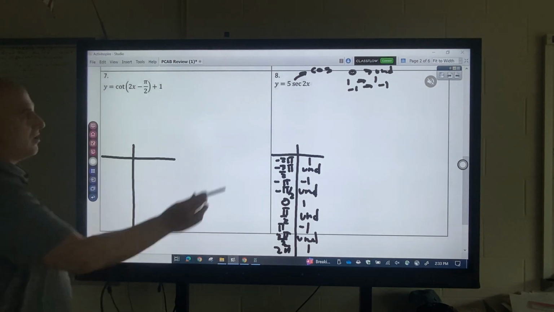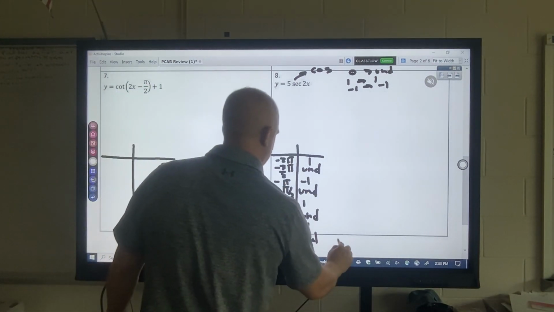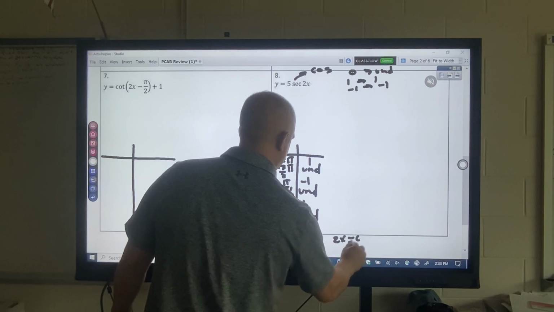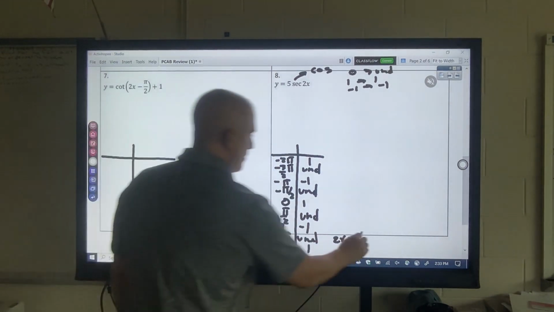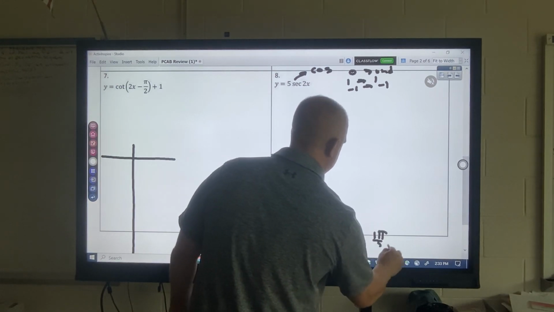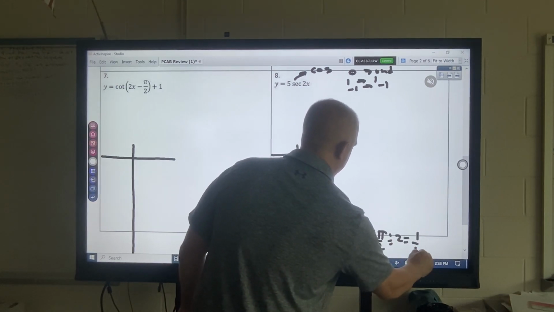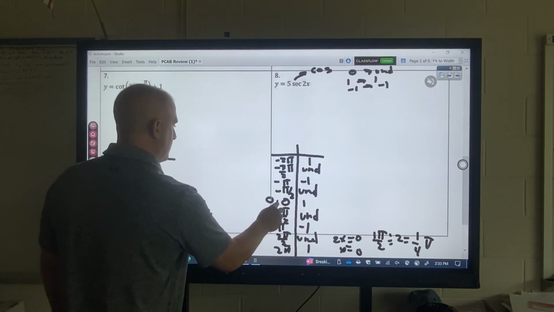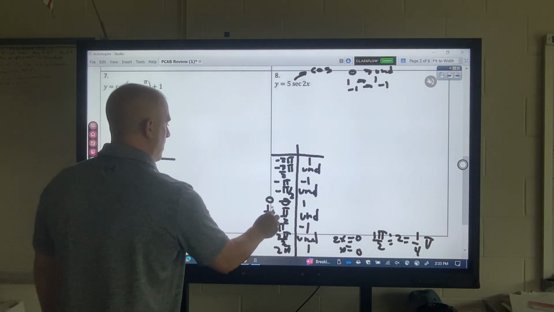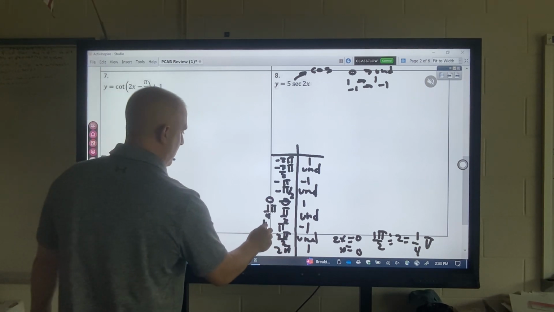All right. Now, if I solve the inside, I get 2x equals 0. That's going to be x equals 0, so that's going to stay. I would do my interval of 1 over 2 pi divided by 2. That's going to be 1/4 pi. So there'll be 0, 0 plus a fourth is a fourth, a fourth plus a fourth is 2/4, or pi over 2.